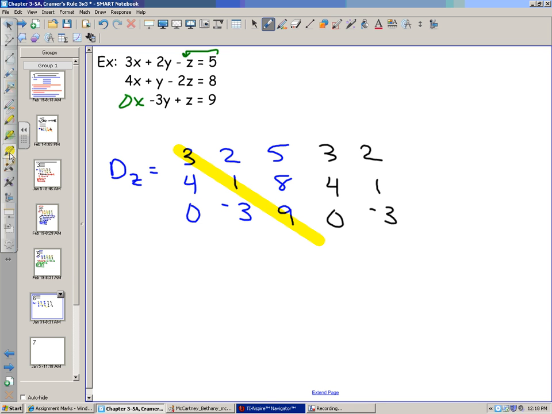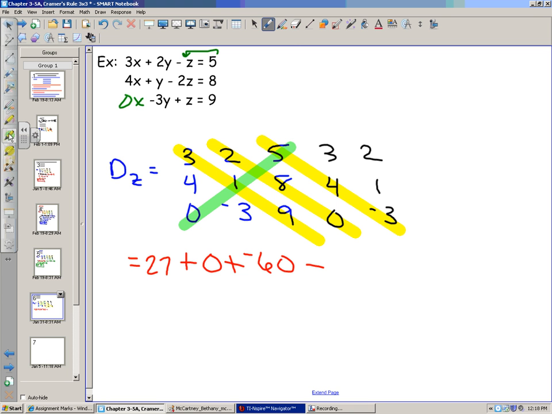319 plus 280 0. Good. Minus 015 0. Minus. Good.